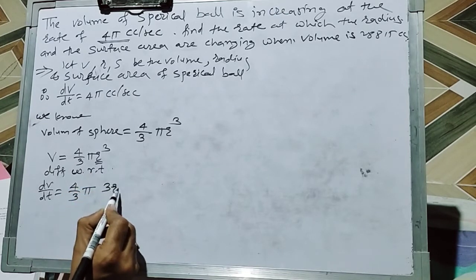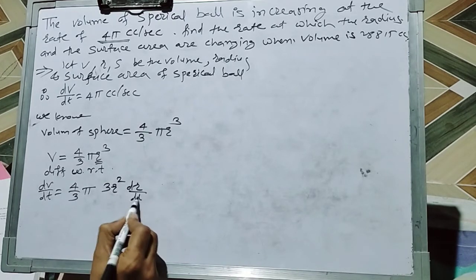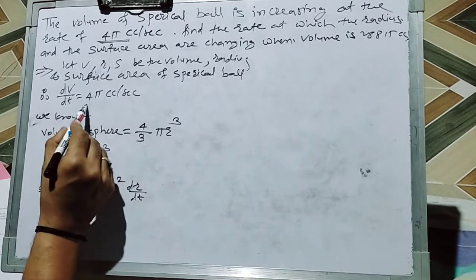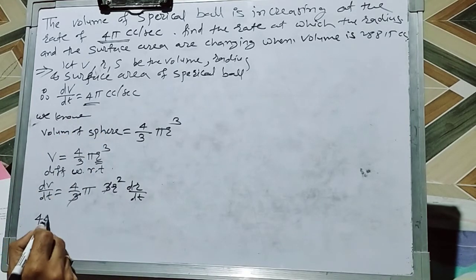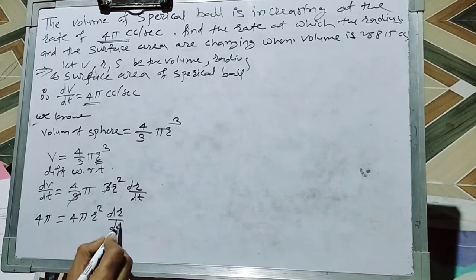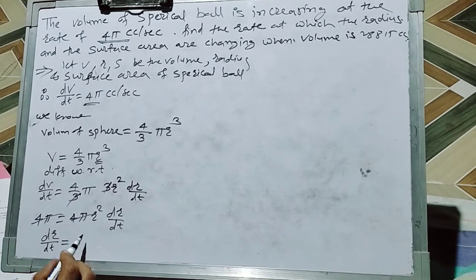Derivative of r cube is 3r square into derivative of r with respect to t, which is dr by dt. So here 3 gets cancelled. Now dV by dt is 4 pi. So here 4 pi is equal to 4 pi r square dr by dt. So here 4 pi gets cancelled. It means dr by dt is equal to 1 divided by r square.